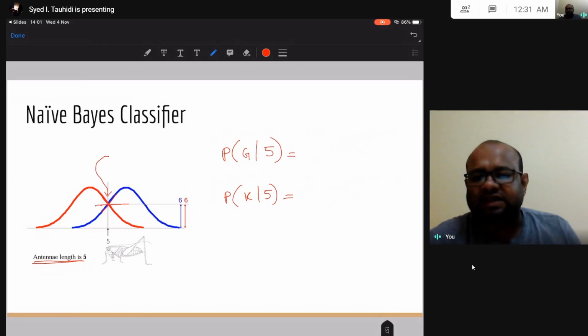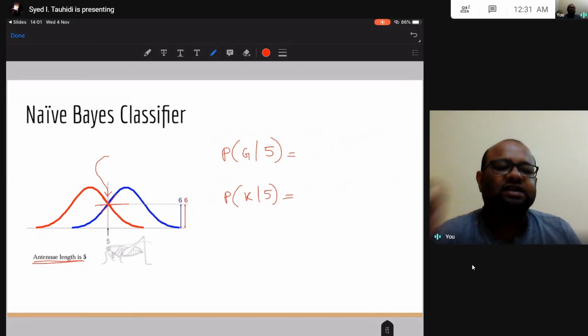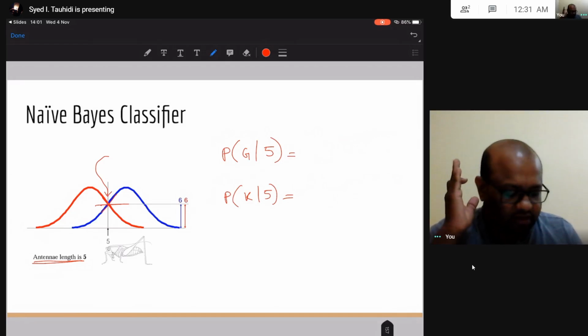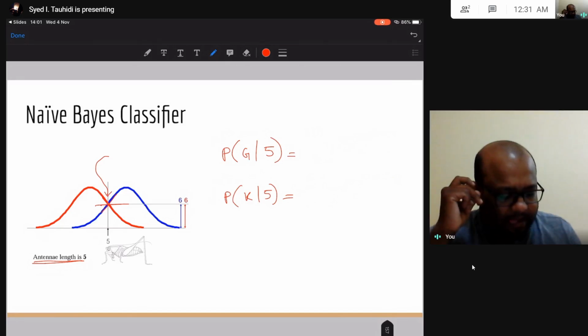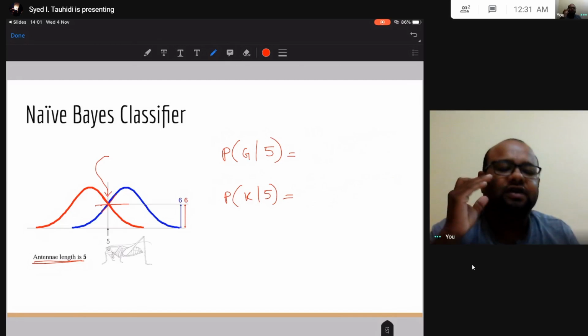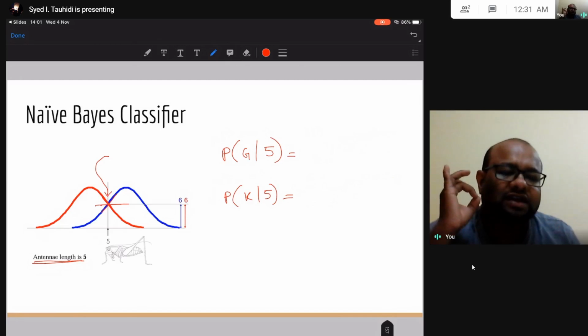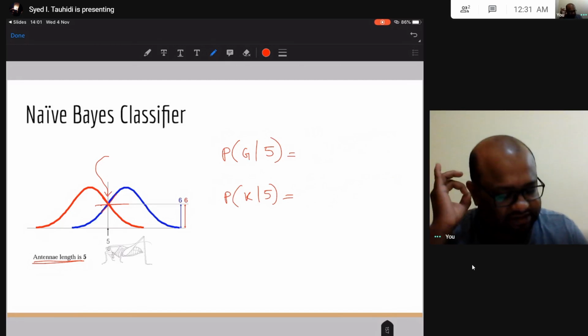That is the exact point where I am trying to find the value. Both the blue curve and the red curve intersect at this point, and the value is equal to 6. So I have both equal to 6.